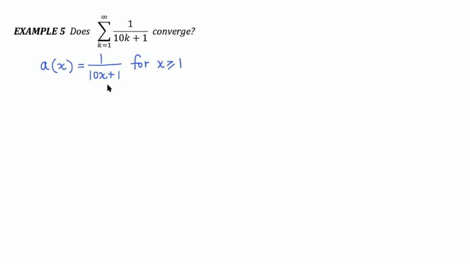It's going to be continuous because the only problem you ever run into with functions based on fractions is where the denominator would equal 0. And if we take 10x plus 1, set it equal to 0, and solve for x, the only x value that's problematic here is negative 1/10, which is not part of this interval. So it's going to be continuous.